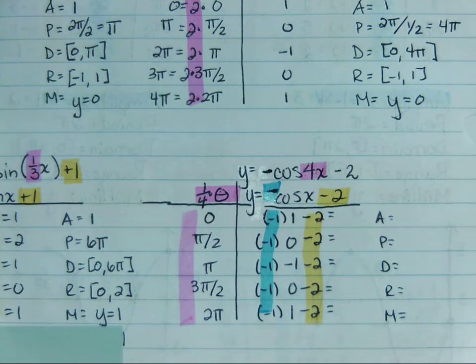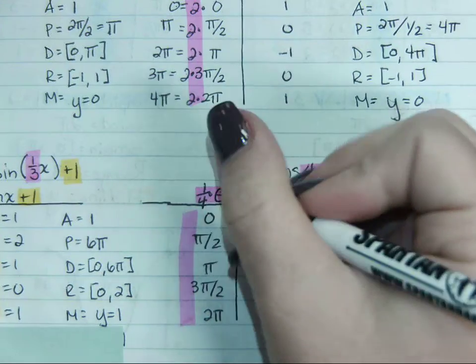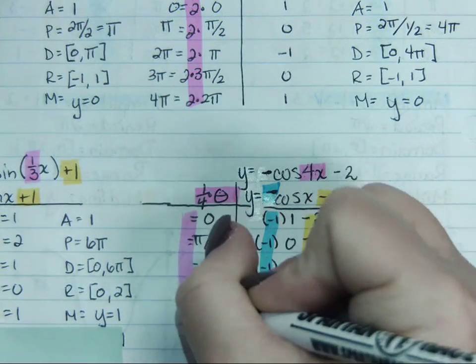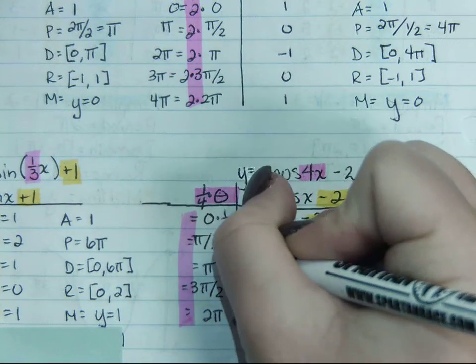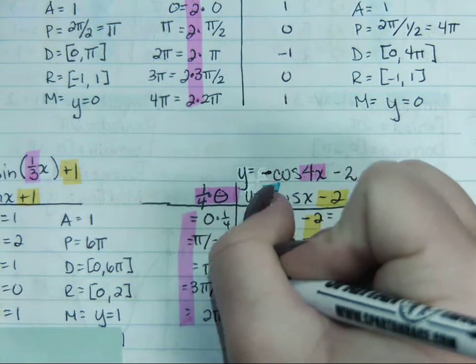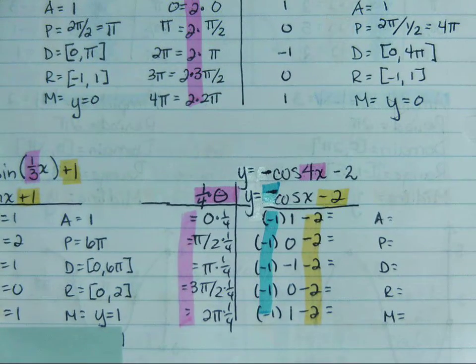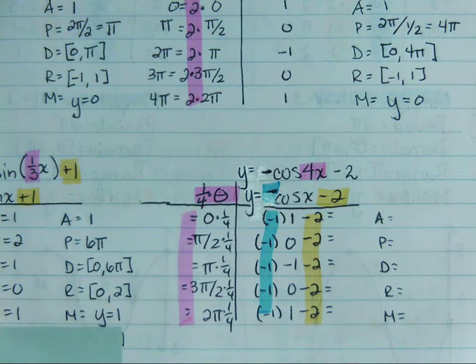And I'm running a little bit tight on space, so what I'm going to do is actually write the times 1/4 on the right hand side. And you can do that if you start running tight on space on one direction. So it doesn't matter which side you start with first.